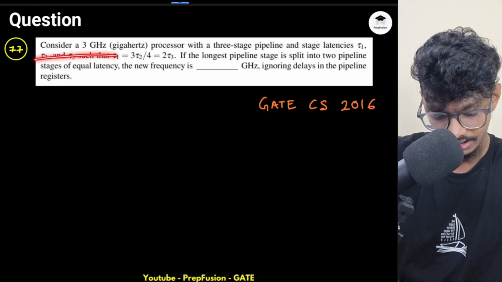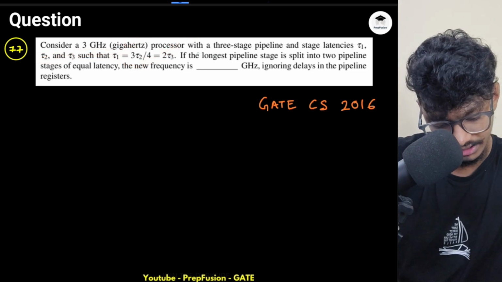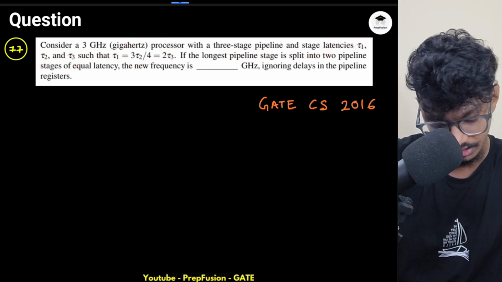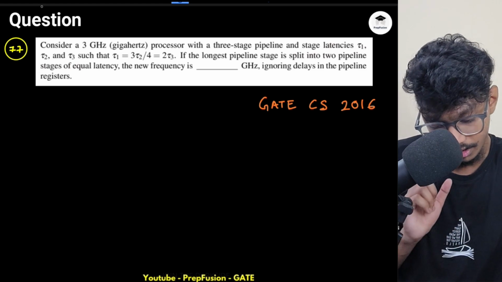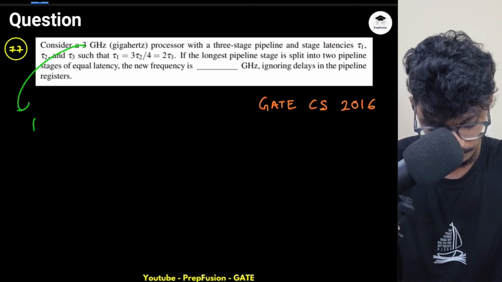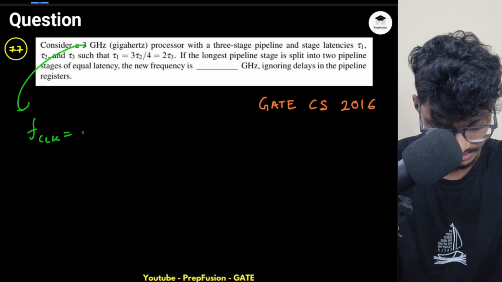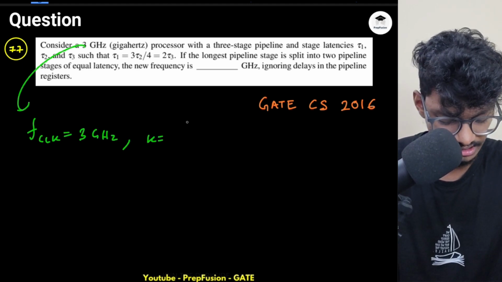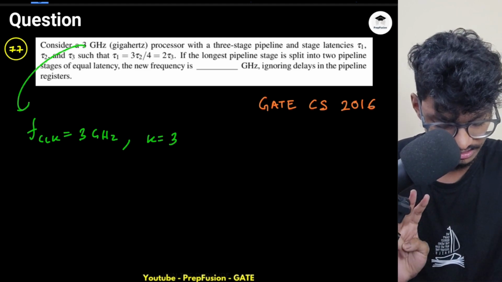We have a 3 GHz processor with a 3-stage pipeline and stage latencies as tau 1, tau 2 and tau 3. So my clock frequency, f clock, is 3 GHz. Okay, fine. And it is a 3-stage pipeline, so K is 3.